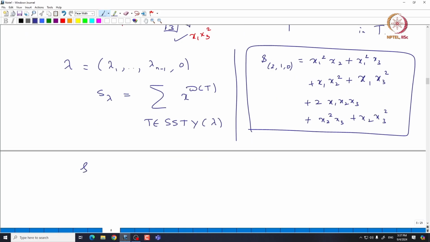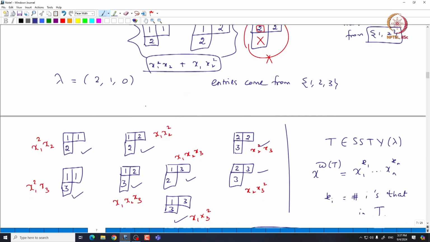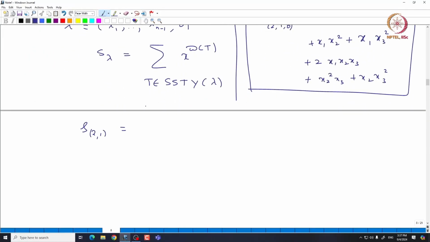Now if you look at only the 2 variables x1, x2, then you will get x1 square x2 and then x1 x2 square. So, only the sum of these 2. That is again a polynomial in 2 variables: x1 square x2 plus x1 x2 square.